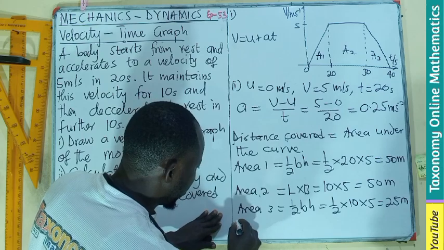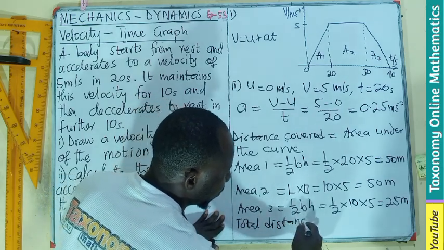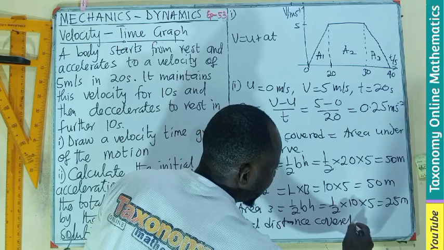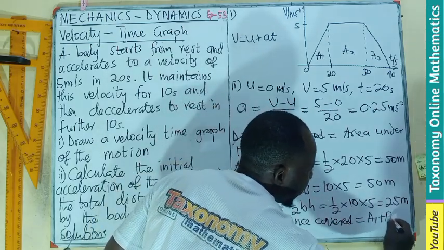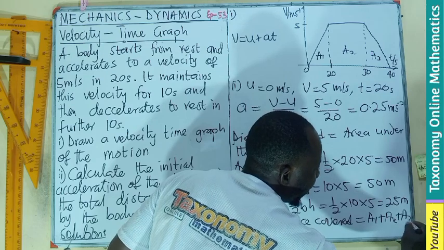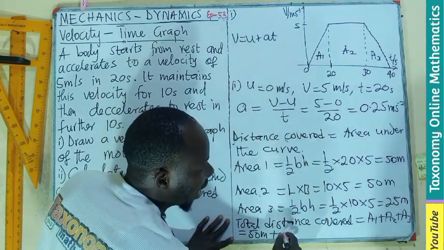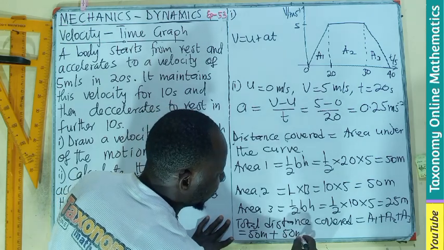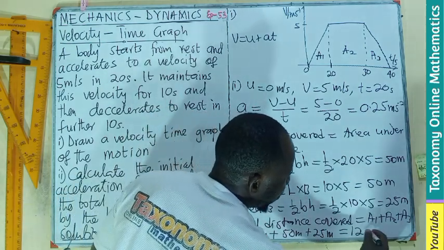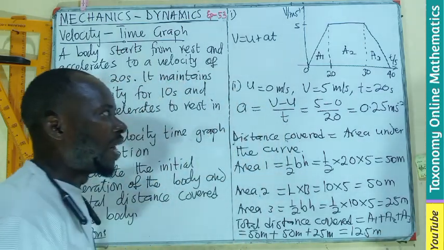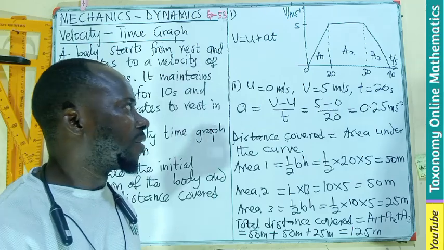So we can see that the total distance covered is going to be area 1 plus area 2 plus area 3, which is going to be 50 meters plus 50 meters plus 25 meters. That gives us 125 meters.